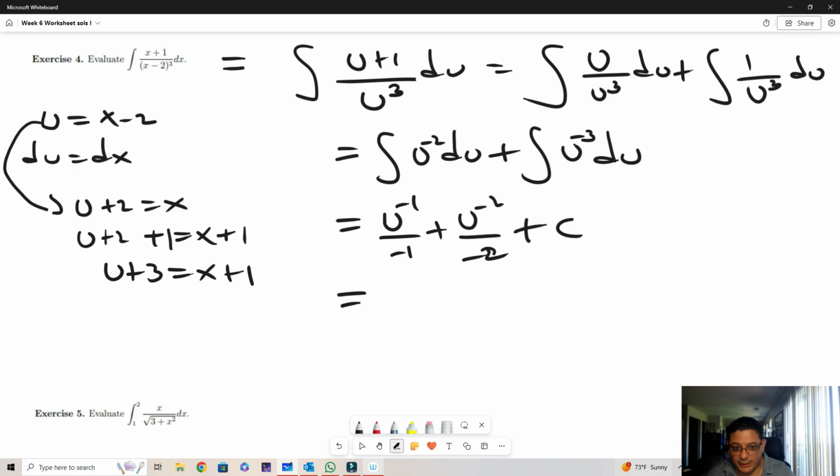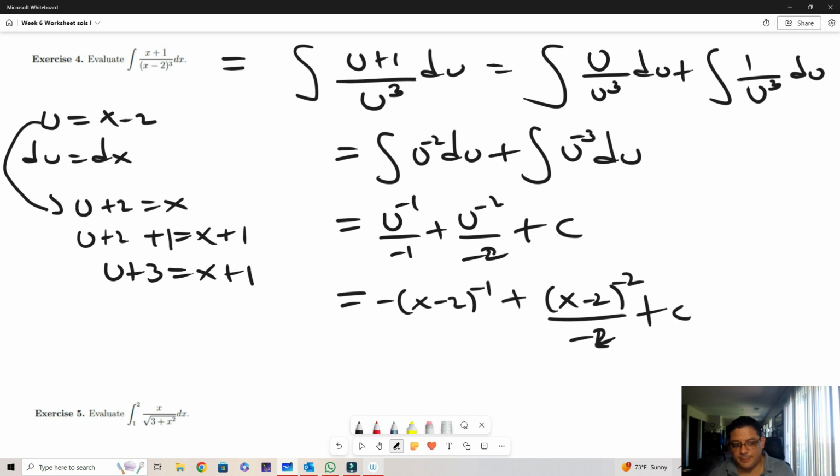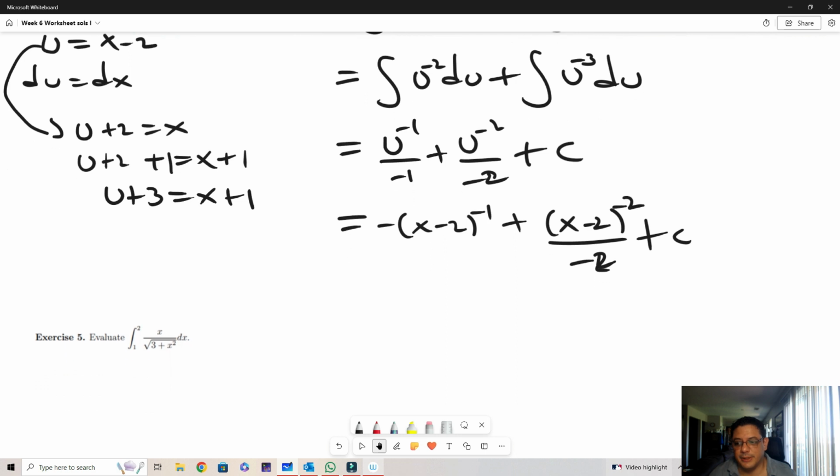And so now replacing this, it is going to be minus (x minus 2) to the minus 1 plus (x minus 2) to the minus 2 over minus 2, plus c. And that'll be the end result for this integral. You can, of course, simplify the signs, but there's not much that you can do in there.